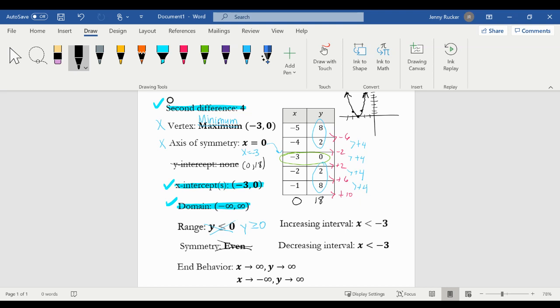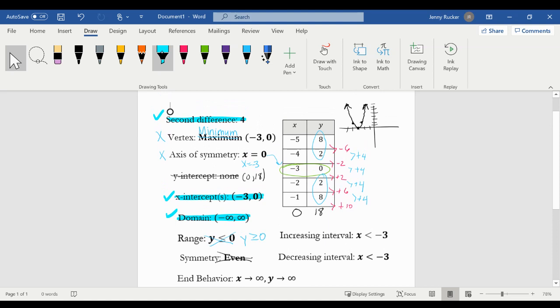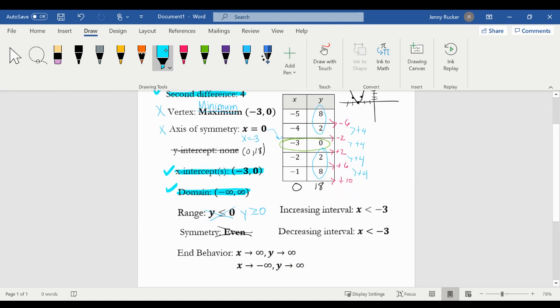All right, our end behavior is as x approaches infinity, y approaches infinity, and as x approaches -infinity, y approaches infinity. Looking at our sketch, you can see that this is the correct end behavior because both of our arrows are going up. So this is a true statement.